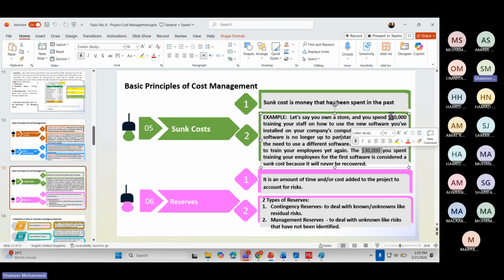The previous 30,000 is gone. Now the new program, so to do the training, $30,000 again you have to spend. This is called sunk cost. Any cost which you cannot recover. It is gone already.